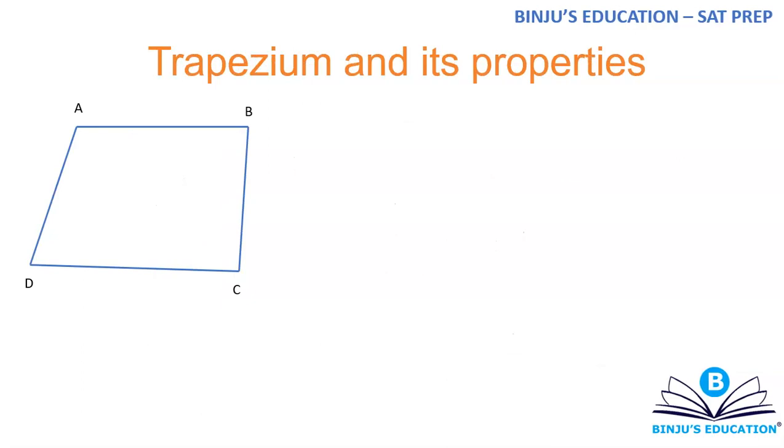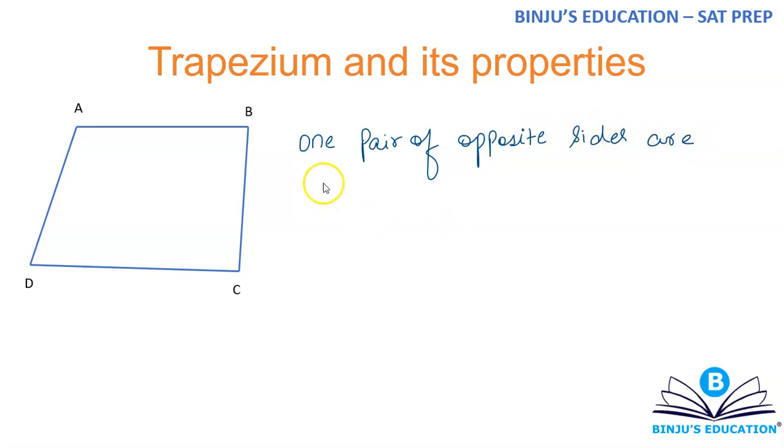Again, now trapezium is a type of quadrilateral, it's not a parallelogram. Now how do you define a trapezium? A trapezium is a quadrilateral whose one pair of opposite sides are parallel.